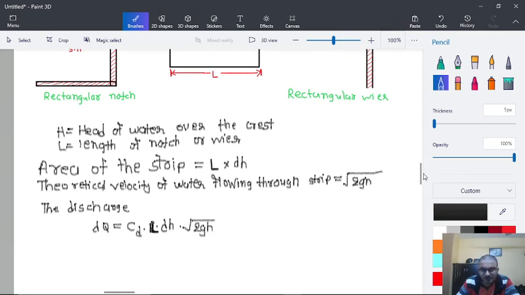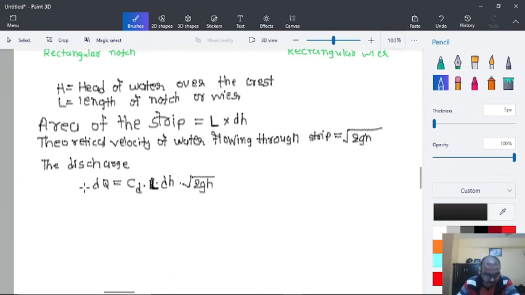Finally we need to integrate this to get the total discharge. So Q is equal to integration 0 to h of dQ.